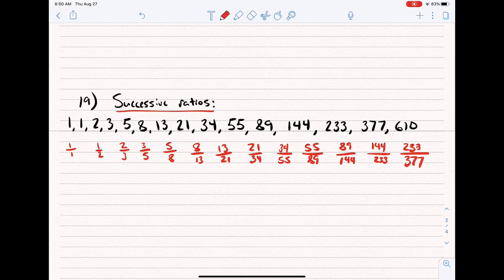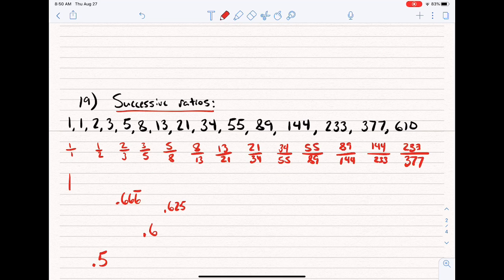1 divided by 1 is 1. But 1 divided by 2 is 0.5. 2 divided by 3 is 0.6666 forever. And then 3 divided by 5 is 0.6. And then 5 divided by 8 is 0.625.